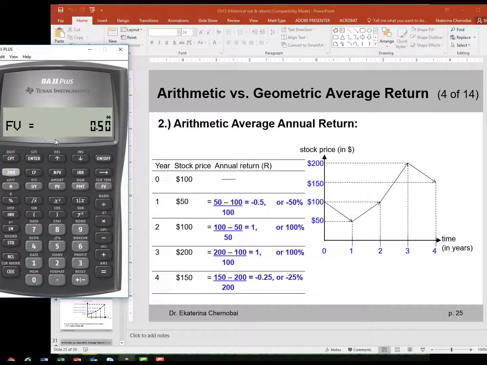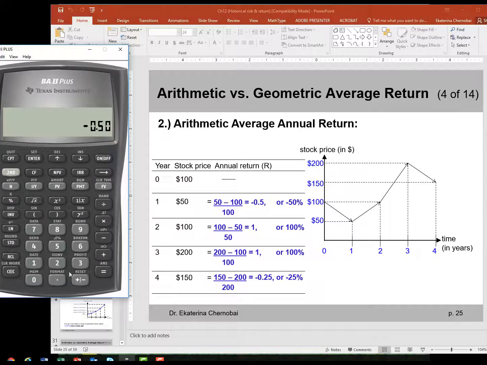So now I'm showing you in general how you could use the financial calculator to find the geometric average. So step 1, PV equals 1, like $1. Take the return that is given for year 1, use it as your IY, and compute the future value after 1 year. You got 0.5. Now, this is the PV for the second year.